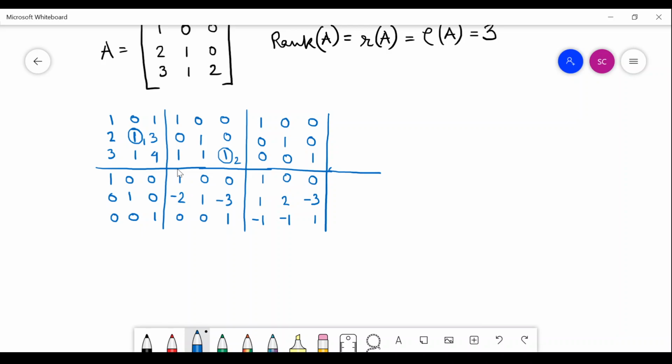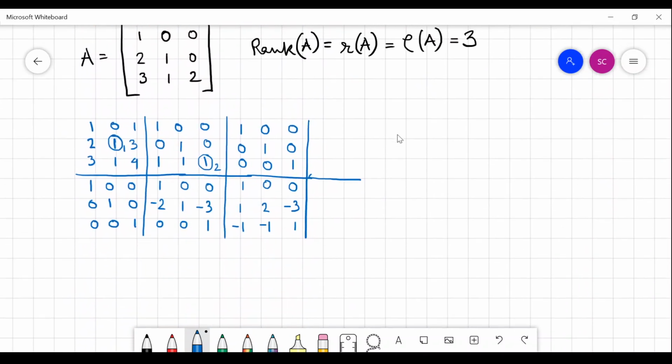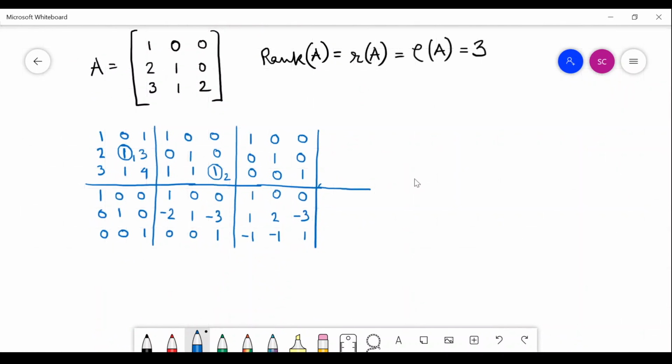So did we make any mistake here? Let's check. Minus this becomes 1, right? 3.